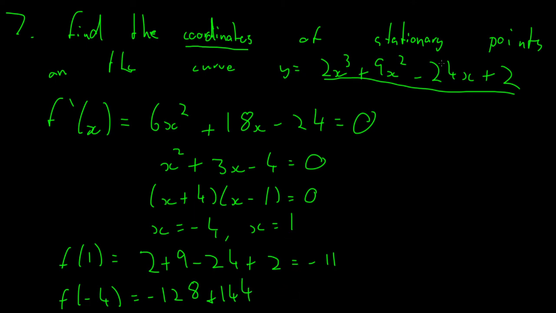The next step is handling this. Minus 24 times minus 4 is plus 24, plus 24, and then plus 2. So I'm just going to plug this into a calculator because I don't really want to work that out.